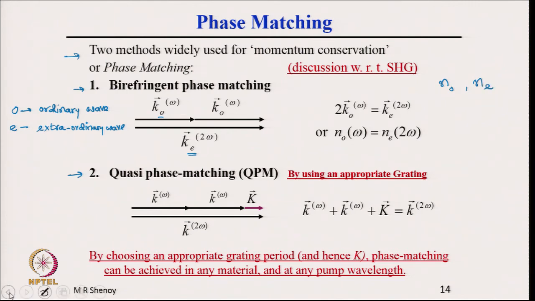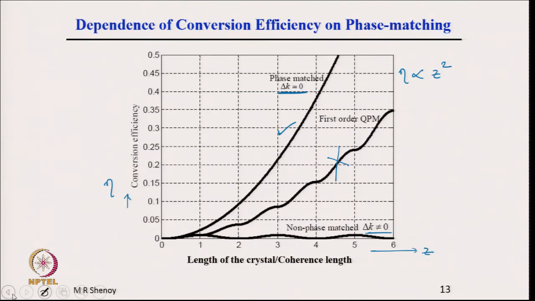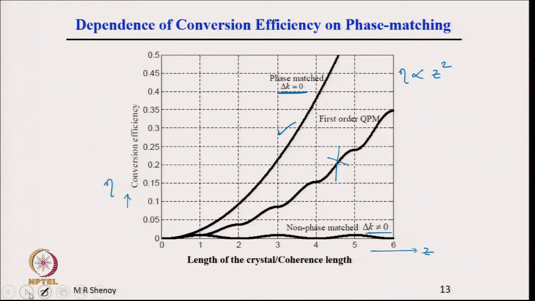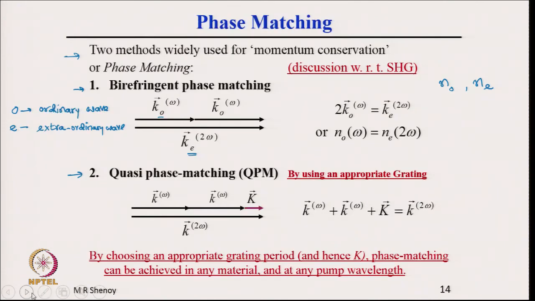Now, if we go back to the phase mismatch term here, we see that delta k is equal to 2 times k 0 into n 2 minus n 1. Let me write this again. Note that delta k is equal to 2 times k 0, which in free space is omega by c, into n 2 minus n 1.